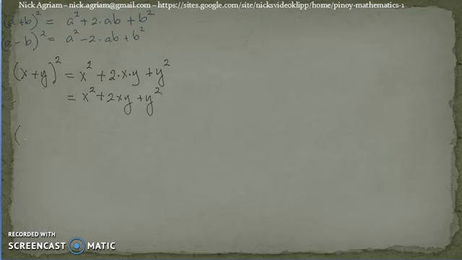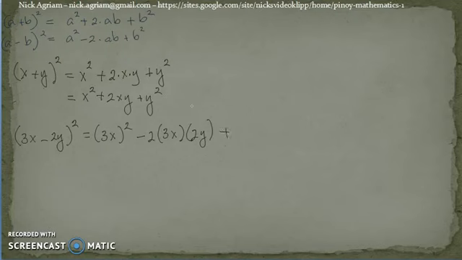Let's have another. For example, we have 3x minus 2y squared. Then we have the first term, 3x squared, minus 2 multiplied by the first term, so 3x multiplied by the last term, 2y.